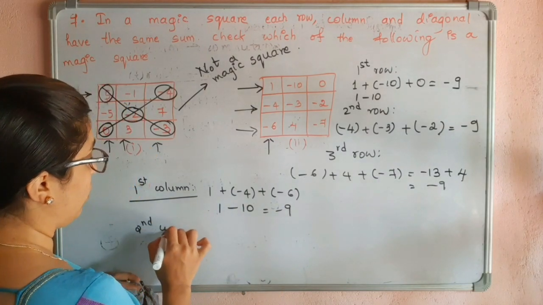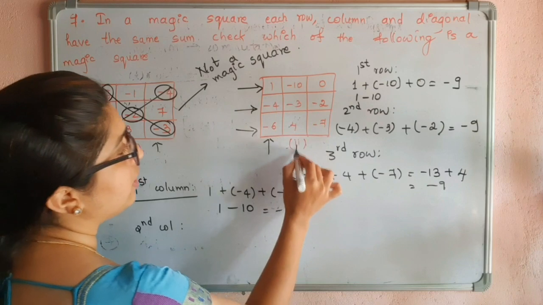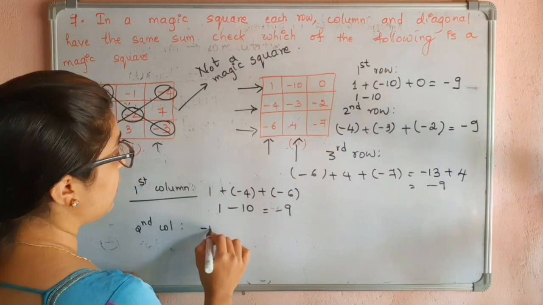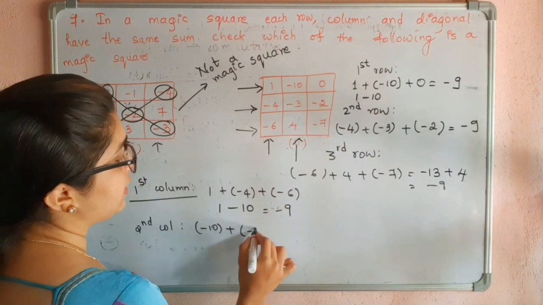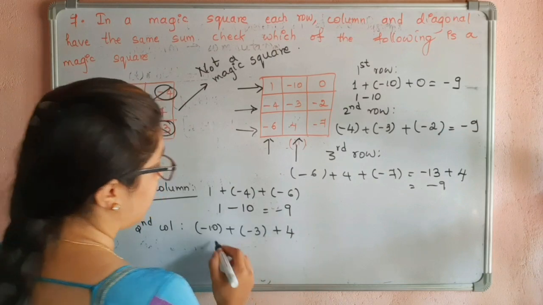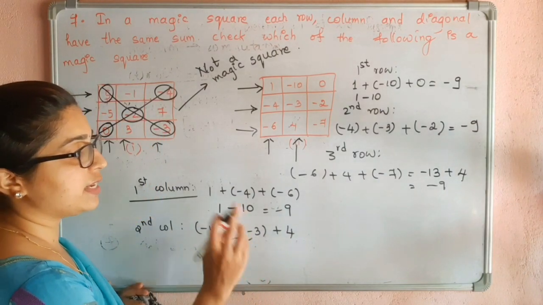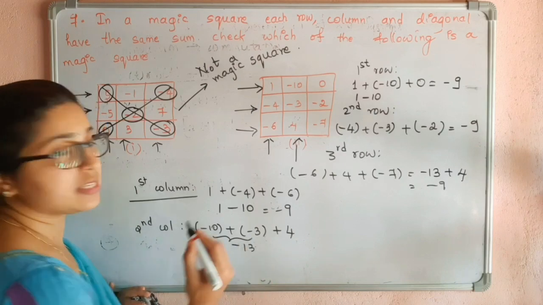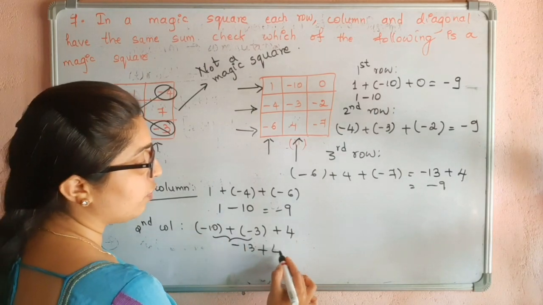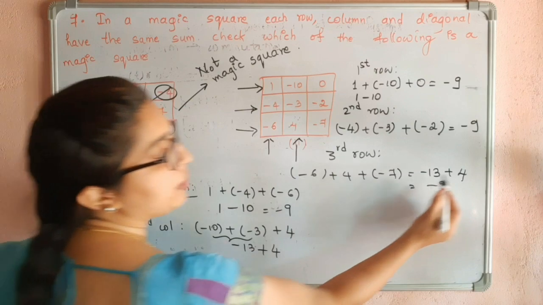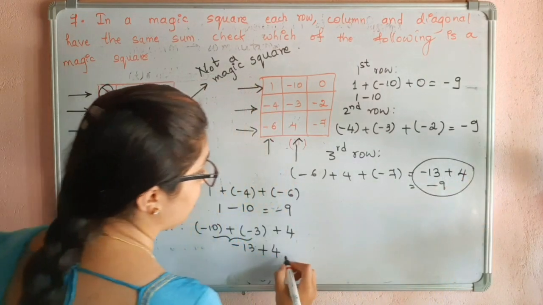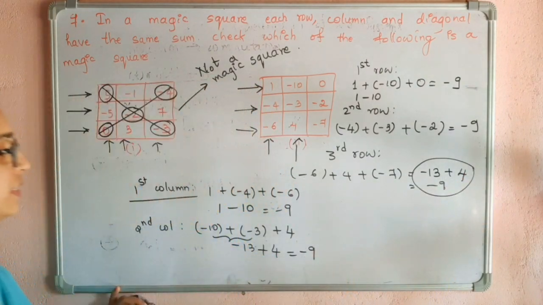Next is the second column: minus 10 plus minus 3 plus 4. I will add the absolute values: 10 plus 3 is 13, so it is minus 13. Next is 4. Minus 13 plus 4 is equal to minus 9.